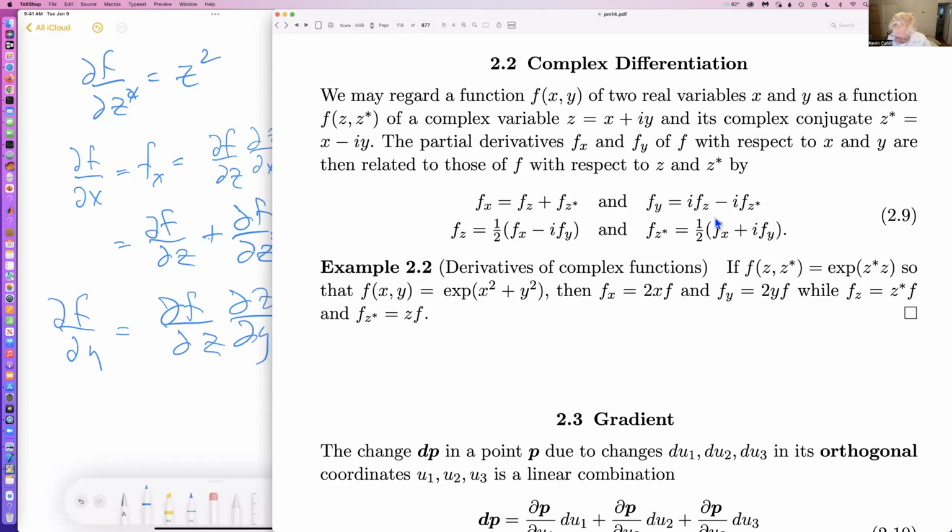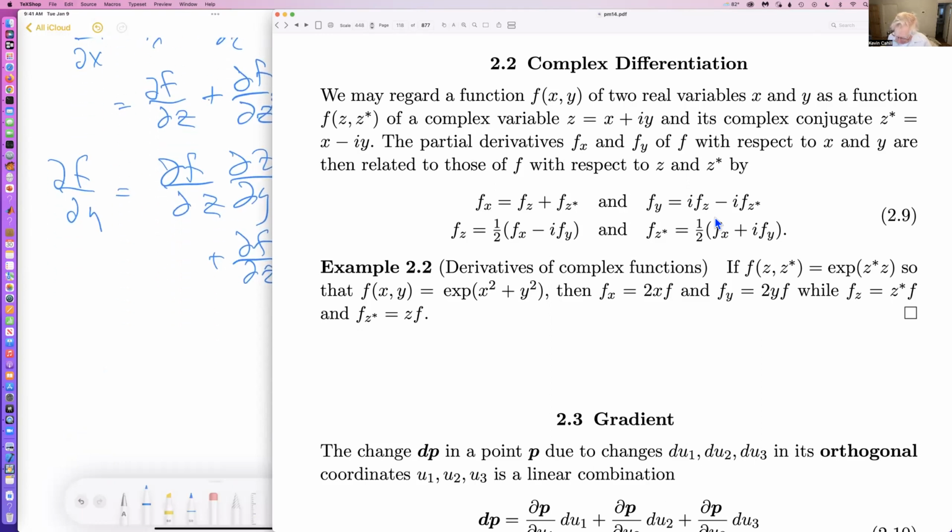Well, that's going to be i, and then you're going to have partial f partial z star times partial z star partial y, and so that gives you i partial f partial z minus i partial f partial z star. And so that's this equation here, and then you add and subtract and you get these equations.